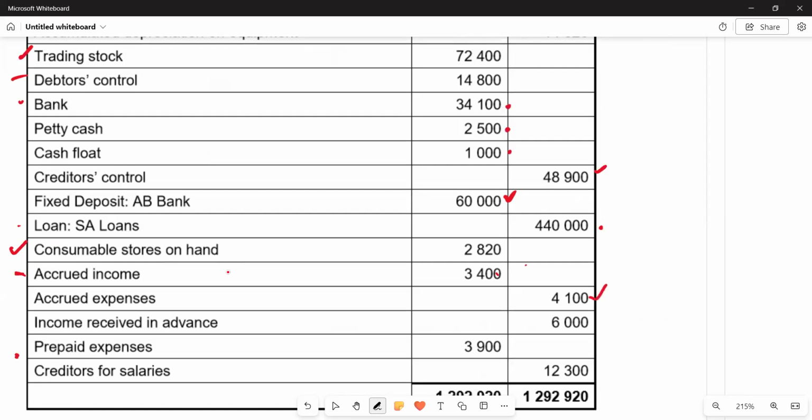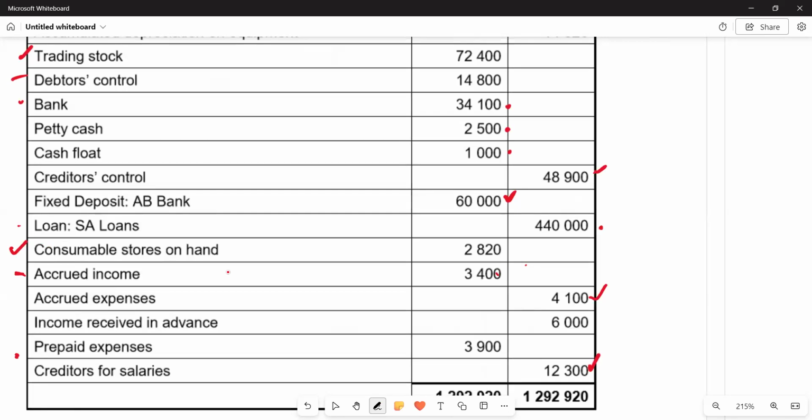So we're adding this one plus our creditors control figure. And then we add also prepayment of income, if we have it. We also have creditors for salaries, 12,300.